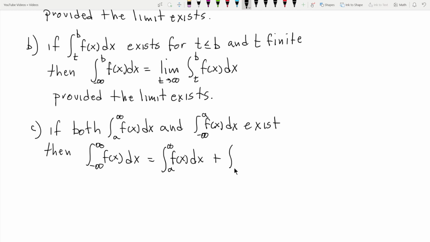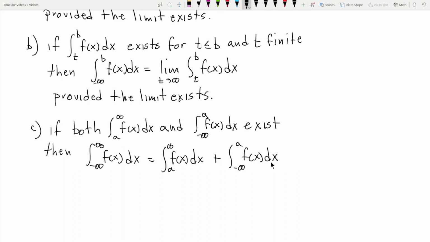I probably should have written that the other way around, not a big deal. So we can have either the left-hand bound or the right-hand bound be infinite, or we can have both the left and right be infinite.